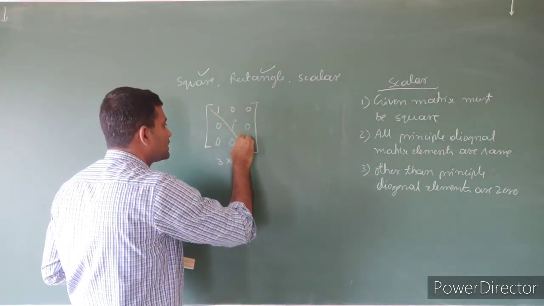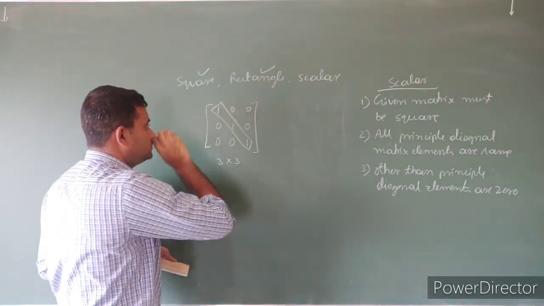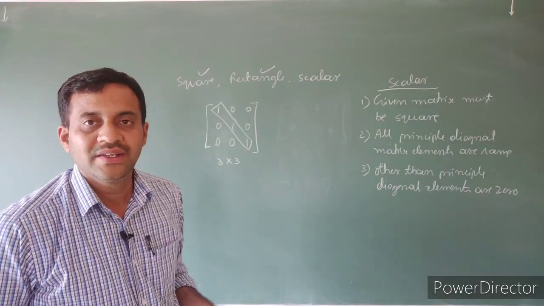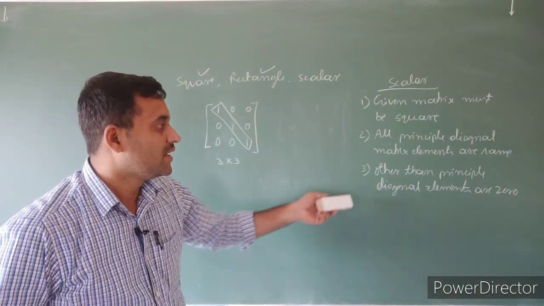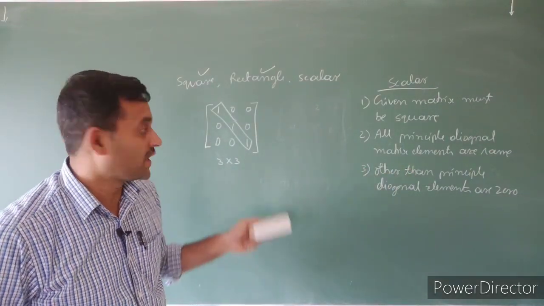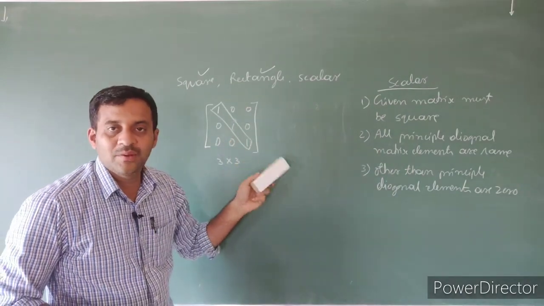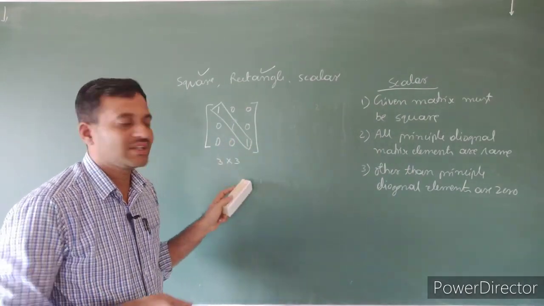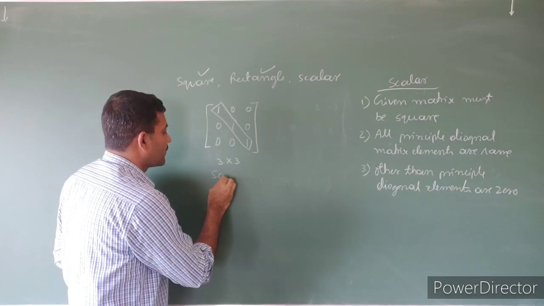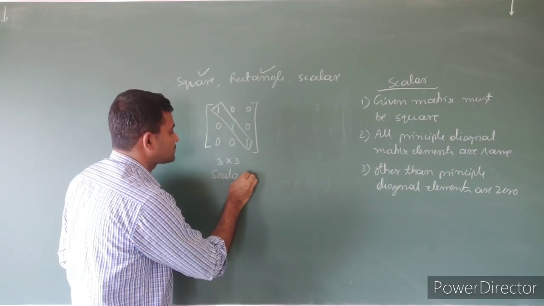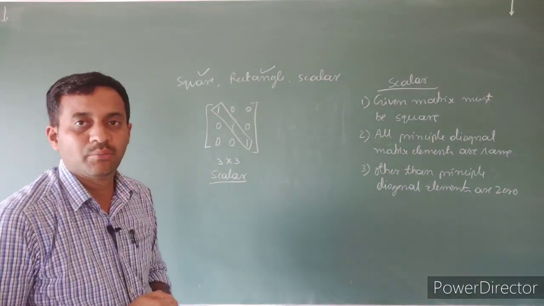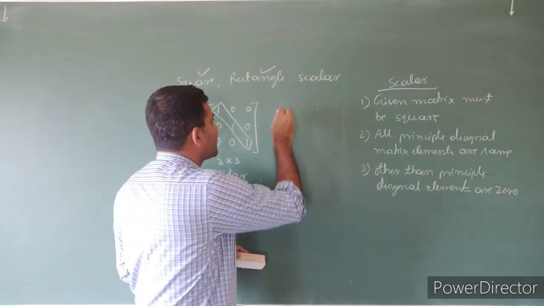See here, these are the principal diagonal elements. All principal diagonal elements are same. Third one is other than principal diagonal elements, the rest of the elements must be zero. Hence, it is a scalar matrix. Consider one more example.